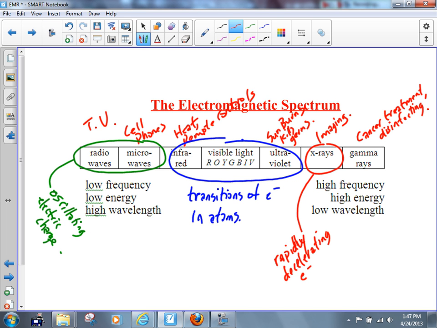Those electrons have to stop really quickly, and they had a lot of kinetic energy. That kinetic energy has to go somewhere. It goes off in the form of an X-ray photon. So X-rays are produced by rapid deceleration of electrons. An X-ray tube accelerates them to that high speed, and then we smash them into this target. That causes them to slow down and stop really quickly, which produces the X-ray.